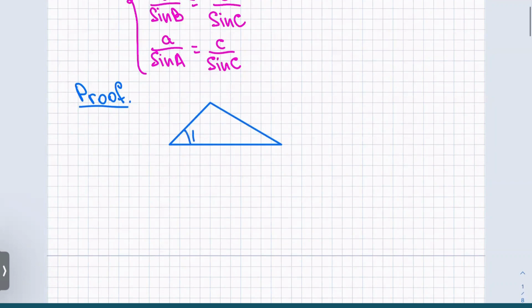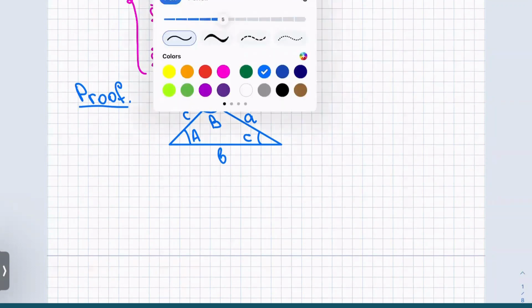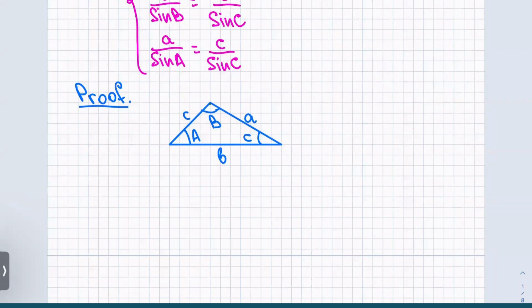So again, dear students, I'll just repeat my triangle here with all the same notations. It's important to keep the same, so we will exactly prove the statement we have in the beginning. So we consider this triangle, and now in this triangle we draw the height h, and you always know that this height is perpendicular to the side to which it is drawn.